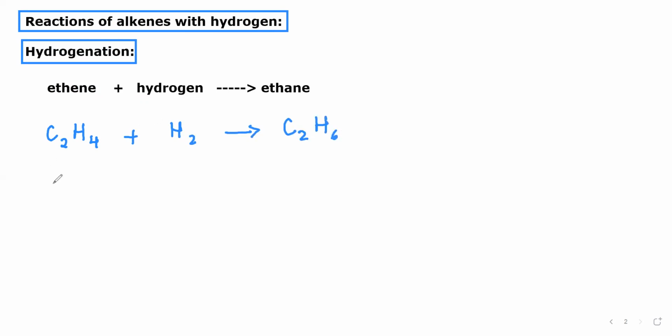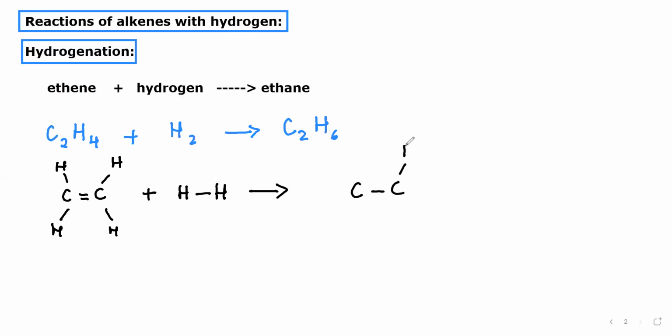Let's draw the structure as well. C2H4 ethene will have a double bond. Then we have hydrogen; gases always exist in diatomic form. Then we will have ethane, C2H6, and this is going to be our equation.